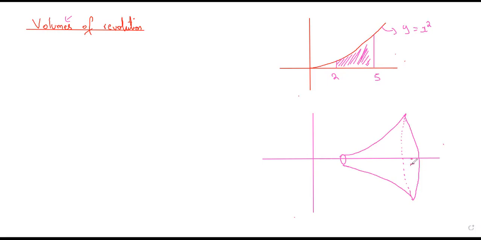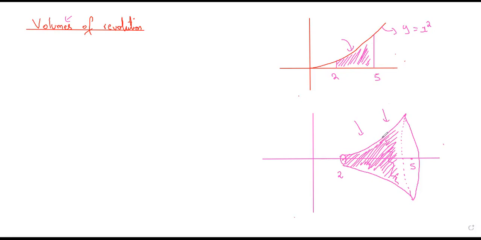This point would be 5 and this point would be 2. Now this is a bell-shaped thing and this is 3D. It's not 2D anymore. The idea is that I rotated this pink shaded region through 360 degrees and I got this bell-shaped thing.